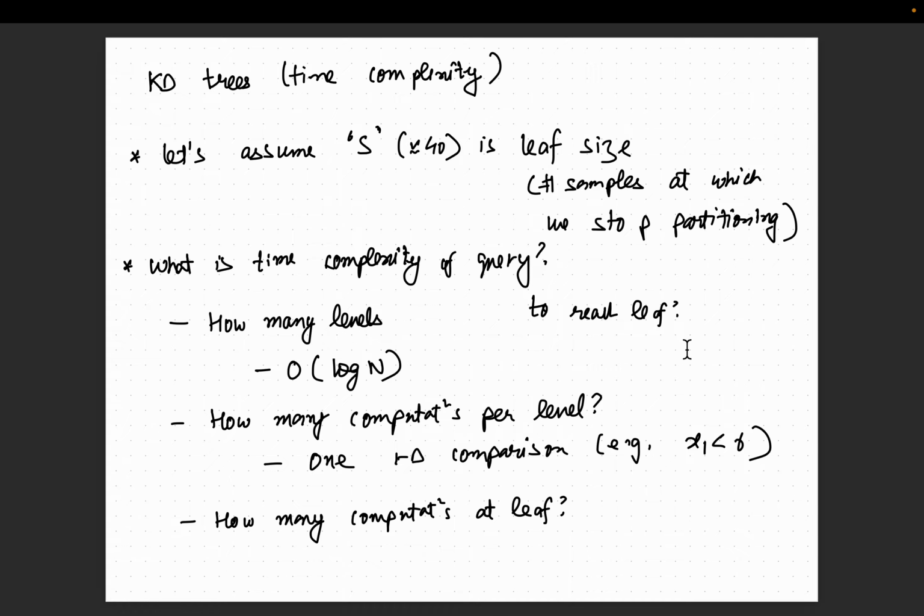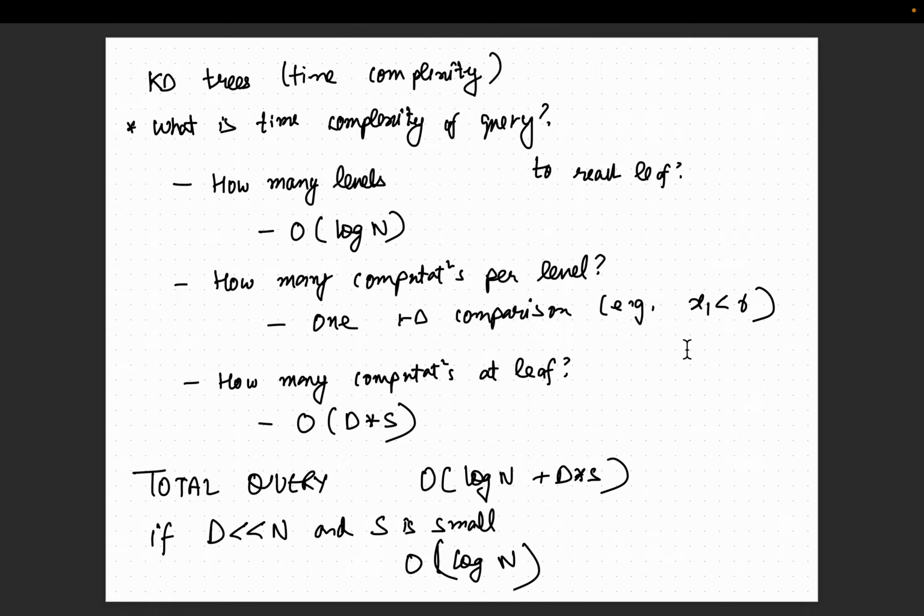Then once you reach the leaf node, you have S examples. To figure out the distance between a query point Q and S examples, which are all d-dimensional, you require d into S time. So the overall time required is log n plus d into S. Typically, d would be much smaller than n, and if S is also small, like 40, then the time required is logarithmic in n.